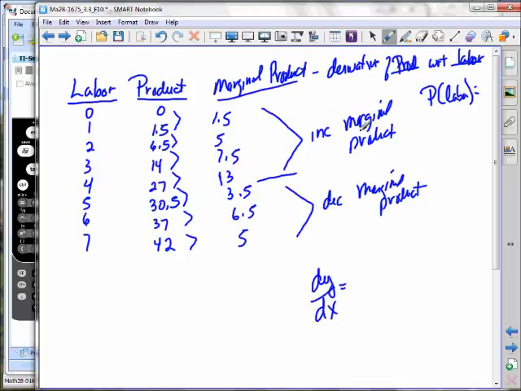Now, let's go one step more. If we're saying that this is a rate of increase, when we talk about how the rate of increase is changing, then what are we talking about?